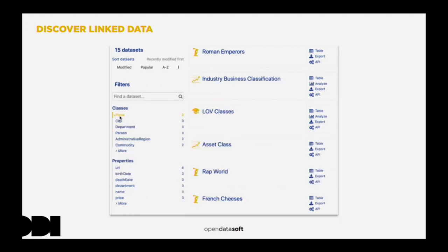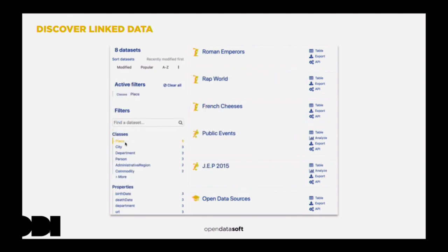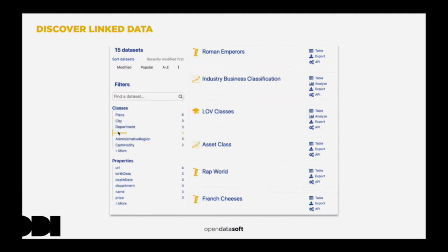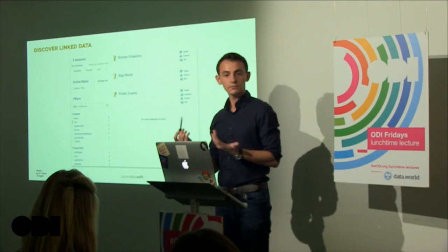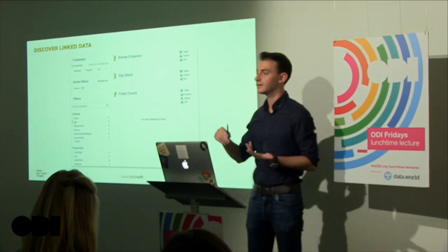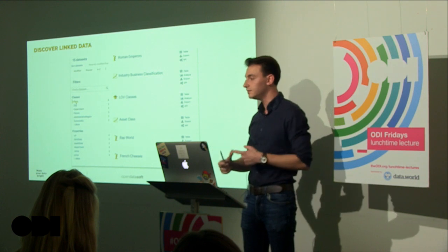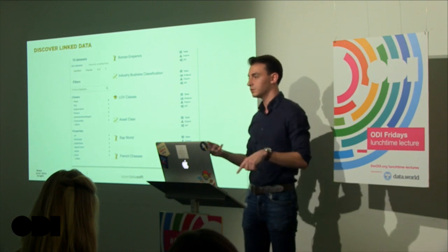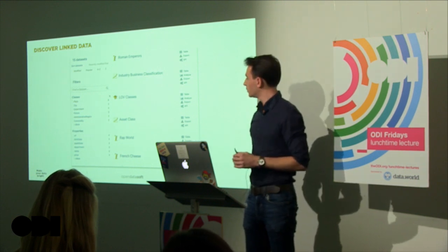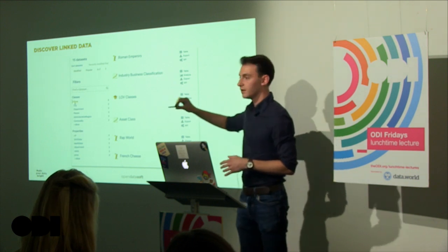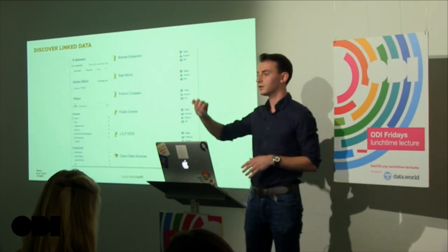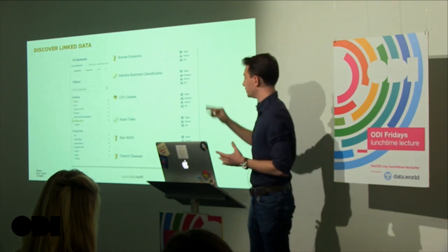And filtering using vocabularies. So for example, here we can ask the platform to show only datasets that contain the concept of place. So you will get all datasets that contain cities, country, department, region, etc. But you can also filter by a specific concept like city or region.